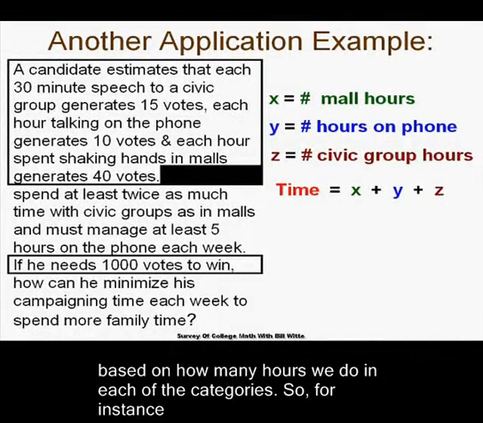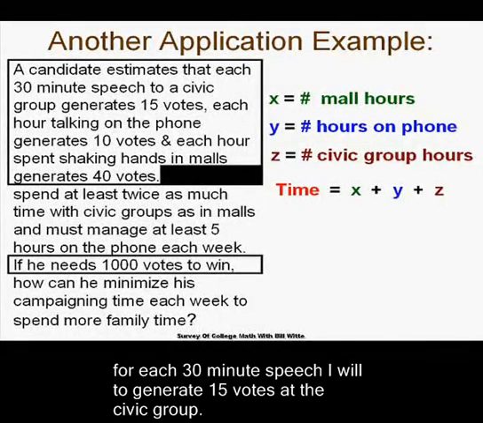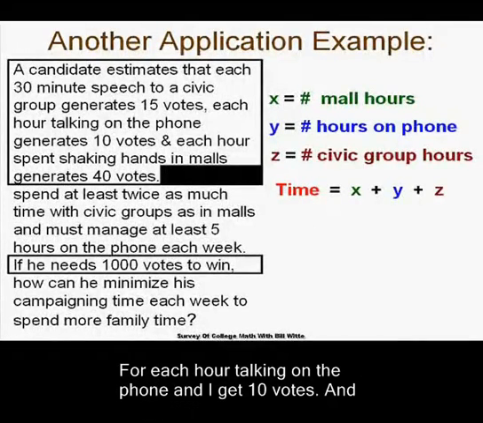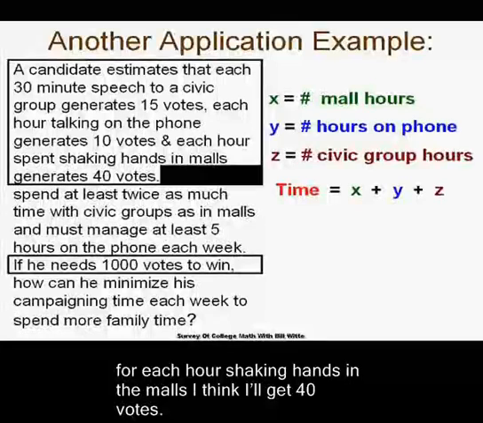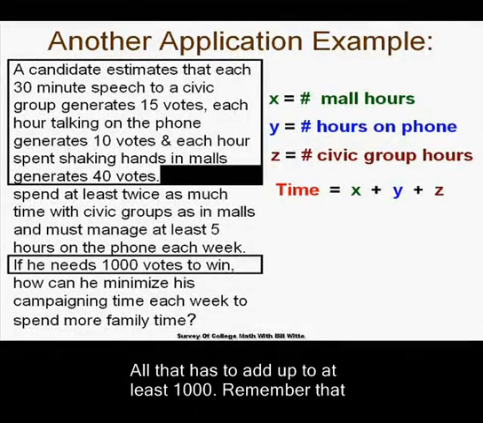For each 30-minute speech, I'm going to generate 15 votes at the civic group. For each hour talking on the phone, I'm going to get 10 votes. And for each hour shaking hands in the malls, I'm going to get 40 votes. And all that has to add up to at least 1,000. Remember that at least means greater than or equal to.